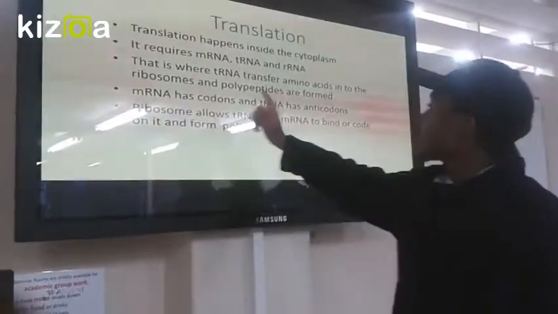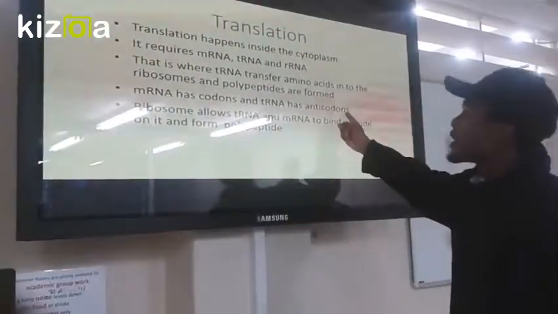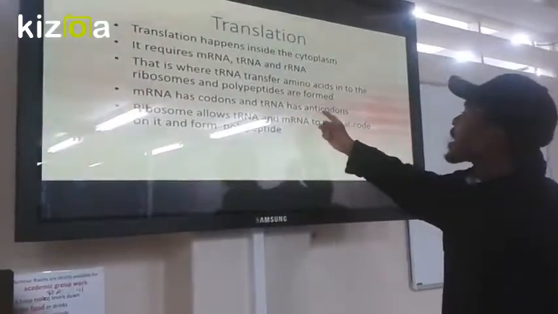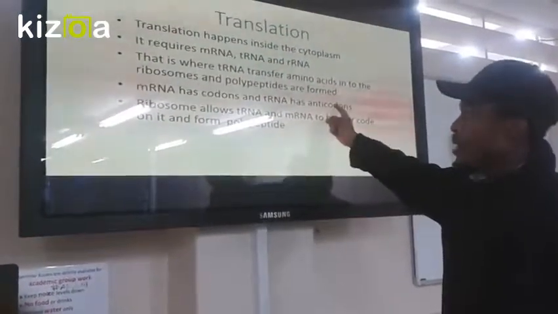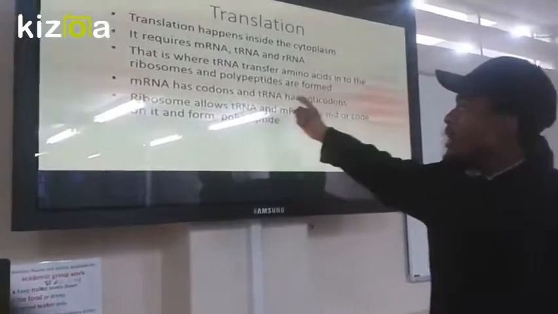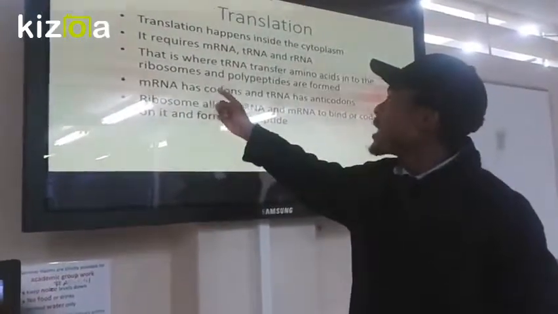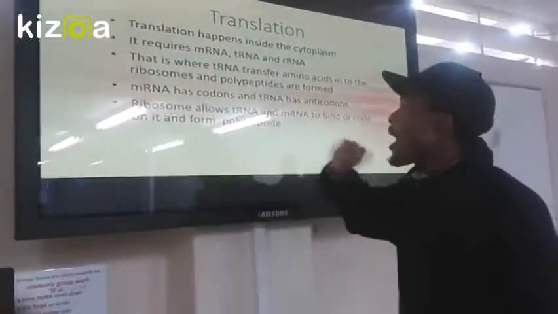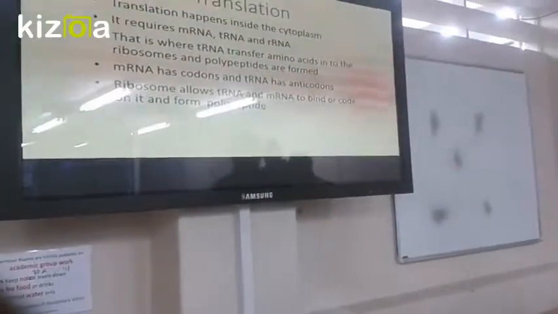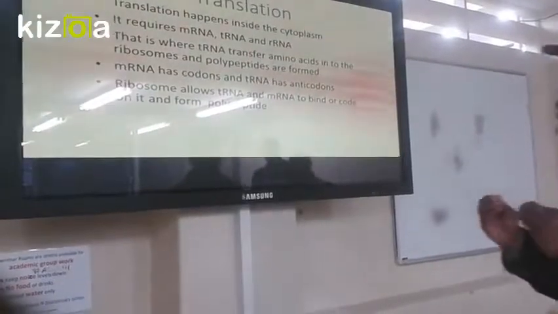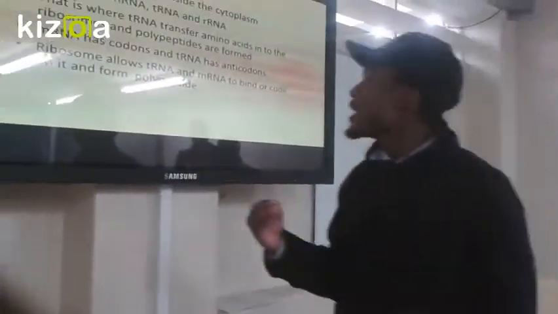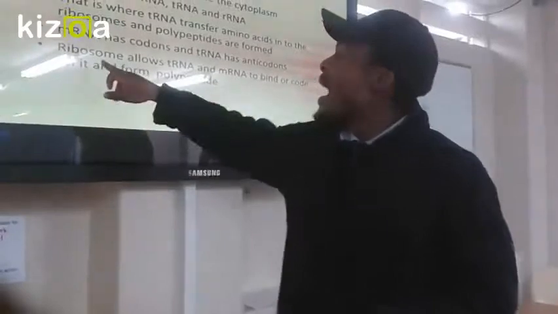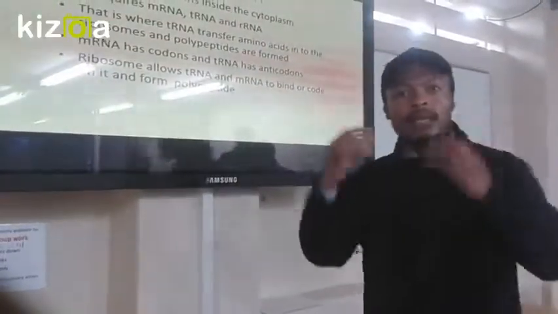The messenger RNA has codons, and the tRNA has anticodons. These carry amino acids, and they bind to this one. This one determines the sequence of amino acids. So the ribosome allows tRNA and mRNA to bind and form polypeptides. They bind on the ribosomes in the cytoplasm.